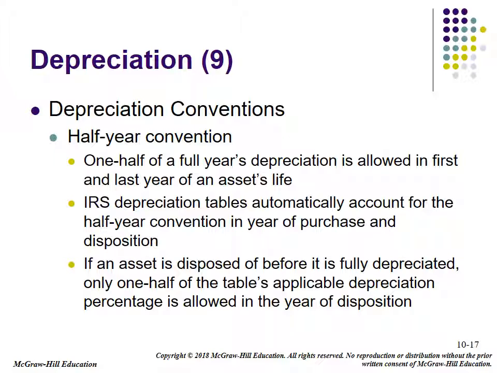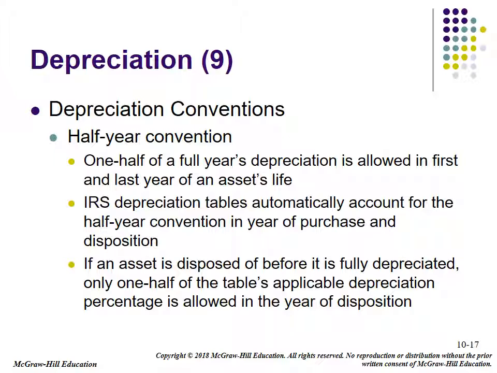Then you get your 12 months, 12 months, 12 months, 12 months, depending on the life of the asset. And then you'll go into the final tax year with another 6 months of depreciation. If an asset is disposed of before it's fully depreciated, you've sold it before its life is up, in the final year when you sell it, you get a half a year's depreciation only.